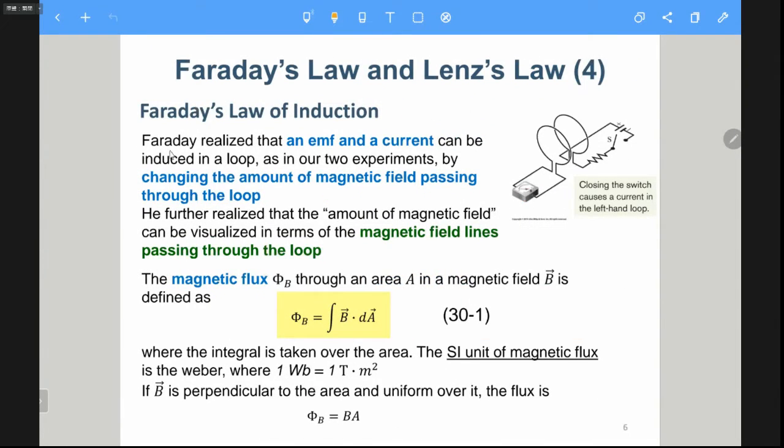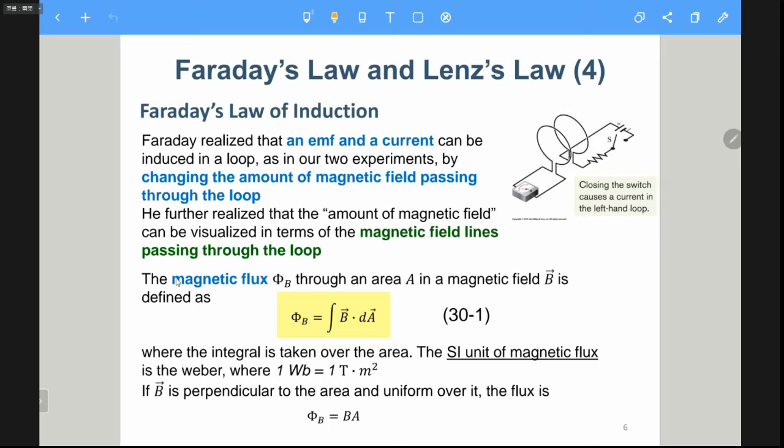Okay, so it says Faraday realized an EMF and a current can be induced in a loop, as in our two experiments, by changing the amount of magnetic field passing through the loop, which is actually the magnetic flux. So he further realized the amount of magnetic field can be visualized in terms of magnetic field lines passing through the loop.